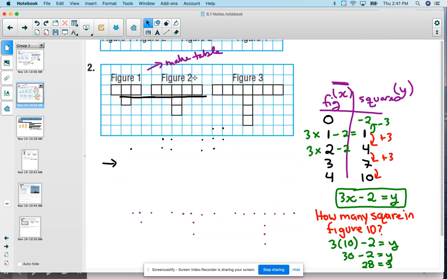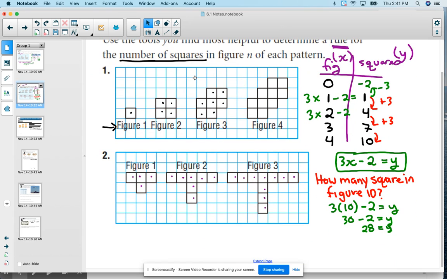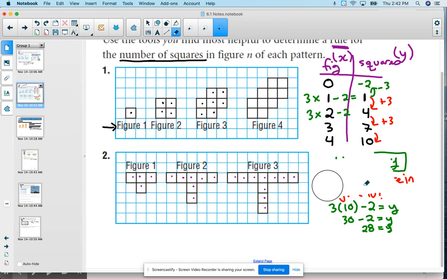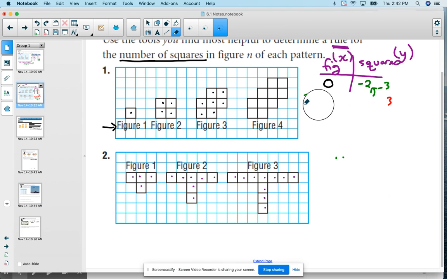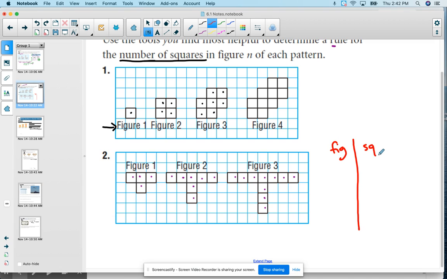I'm just going to move it up for you. All right. Let me give myself a little room. All right. So to determine an equation, you make a table. I'm going to go figure, squares. It's a pretty standard setup.